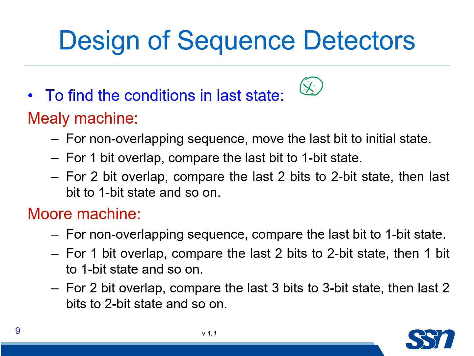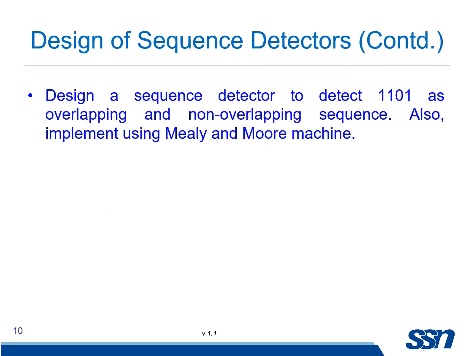If there is a one-bit overlap, we compare the last bit to the one-bit state, and if it is a two-bit overlap, we compare the last two bits to the two-bit states. Likewise we go on. And for a Moore machine, for a non-overlapping sequence, we compare the last bit to the one-bit state. There is a slight difference in these two. You can observe this. We shall see examples for better understanding.